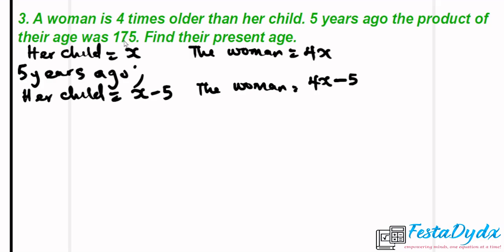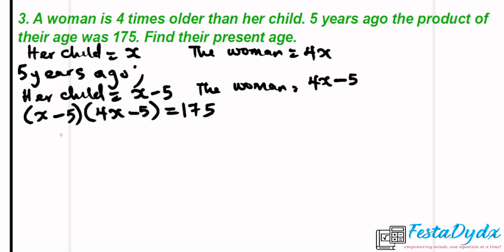After we express this and get a quadratic equation, we should find their present ages. So the child is x minus 5, times the mother's age, which is 4x minus 5. The product of these two ages gives us 175.